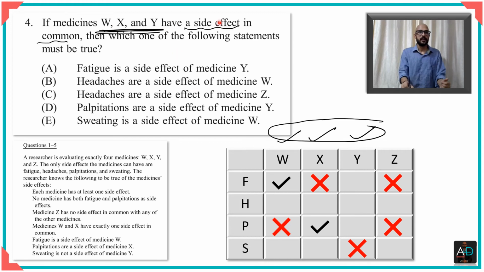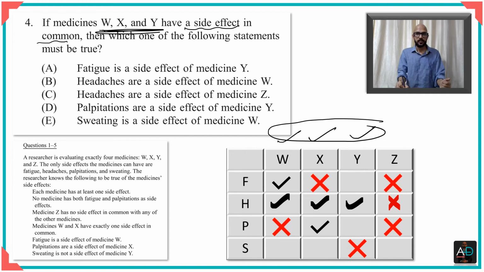So when I look at this statement, the next thing I can immediately do is put a tick, a tick, and a tick. When I put a tick here, I am certain that I have to put a cross here, because when there's a tick here, Z has to become a cross here.